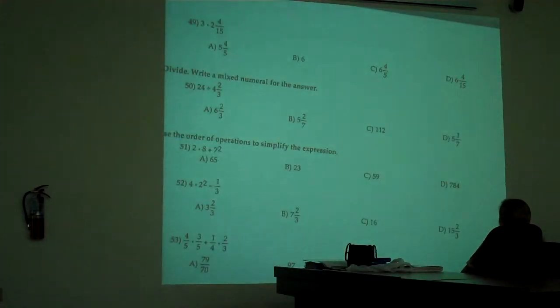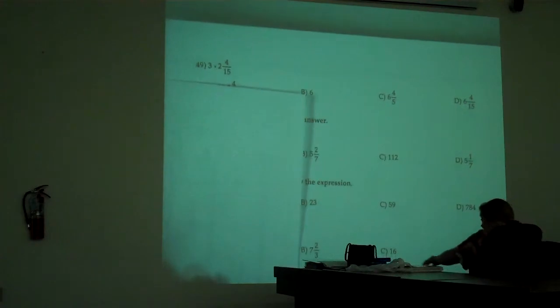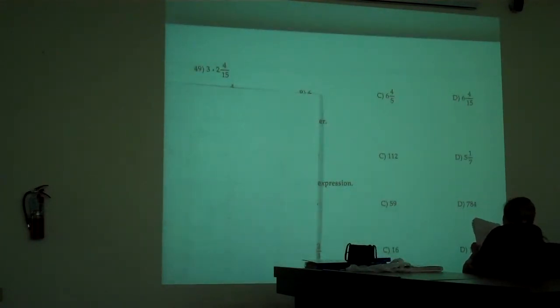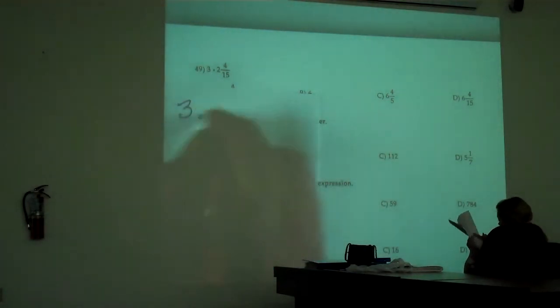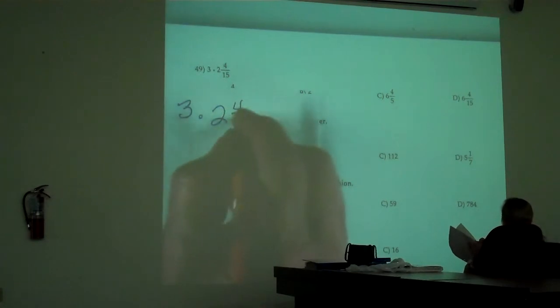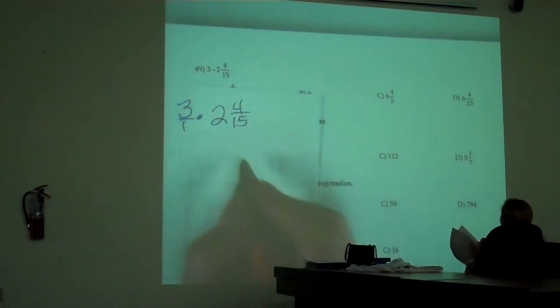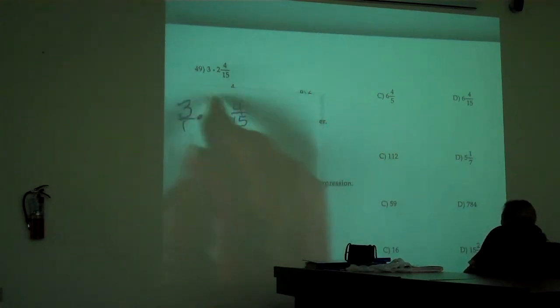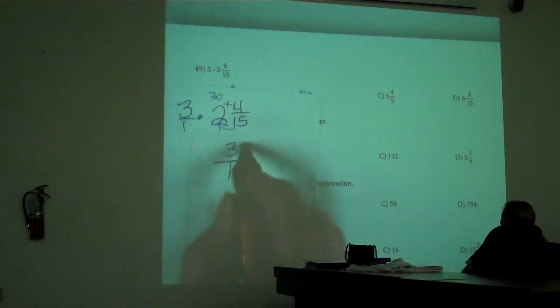Number 49, 3 times 2 and 4/15ths. Do we need a common denominator? We're not adding or subtracting. We don't need a common denominator. Yes, we do. No, we don't. Yes, we do. Don't argue. Okay, 2 times 15 is 30, plus 4 is 34.